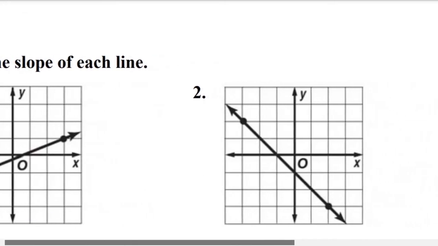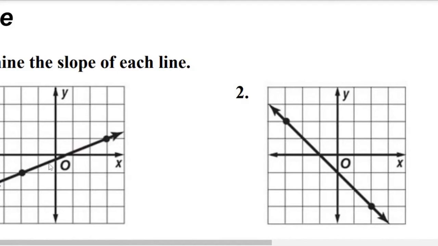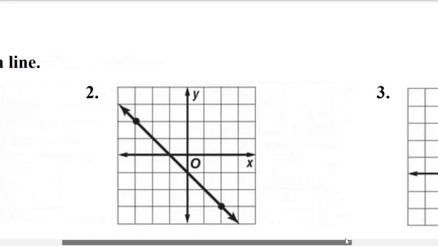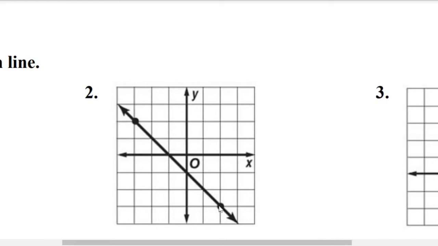Okay, now, and look, you can see that this is going to be a positive because you can tell the direction it's going up. And we can tell that this one is falling down. So that is going to be a negative slope. I already know it's going to be negative, so I can do it this way. I've got to do rise over run. So I'm just going to start here and I'll show you that this will be negative. So it's 1, 2, 3, 4, 5. So I'm going up 5.